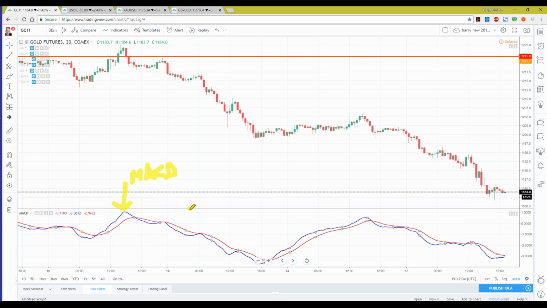The red line is called our trigger line or our signal line. And it is derived by taking a 9-period EMA of the MACD line. So it's a 9 EMA of the blue line. And it is called a signal line.